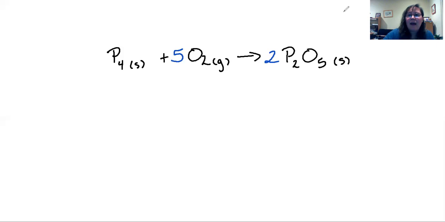Let's say that we want to make 100 grams of P2O5. How much phosphorus will we start with?